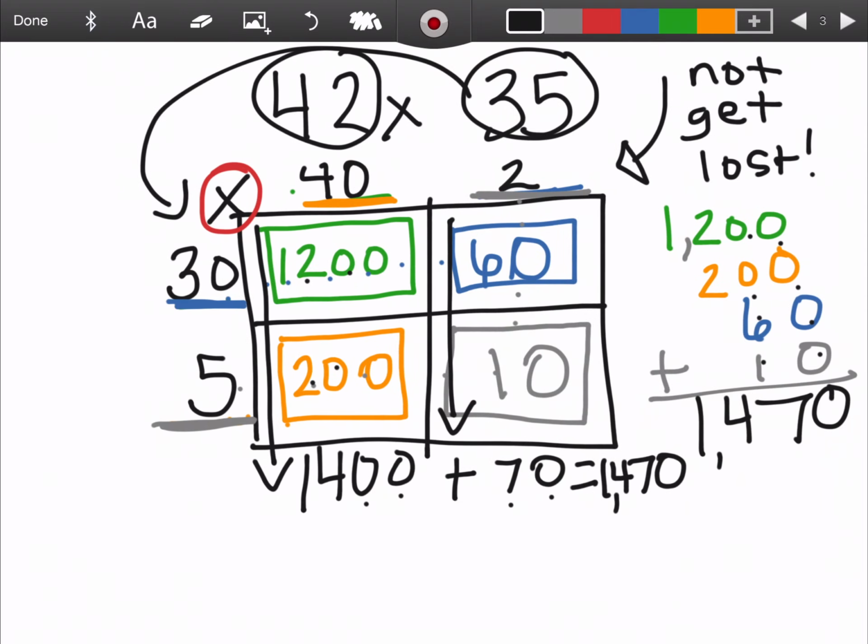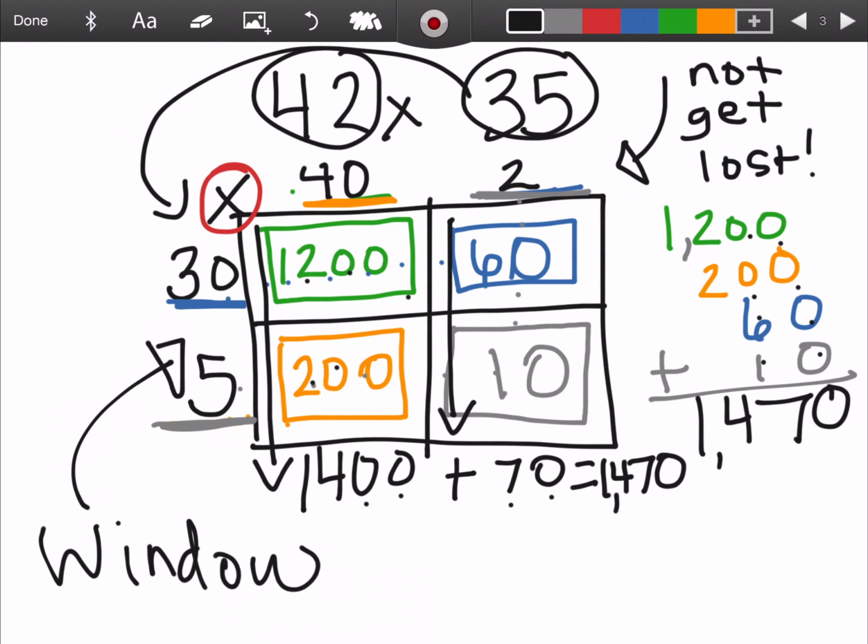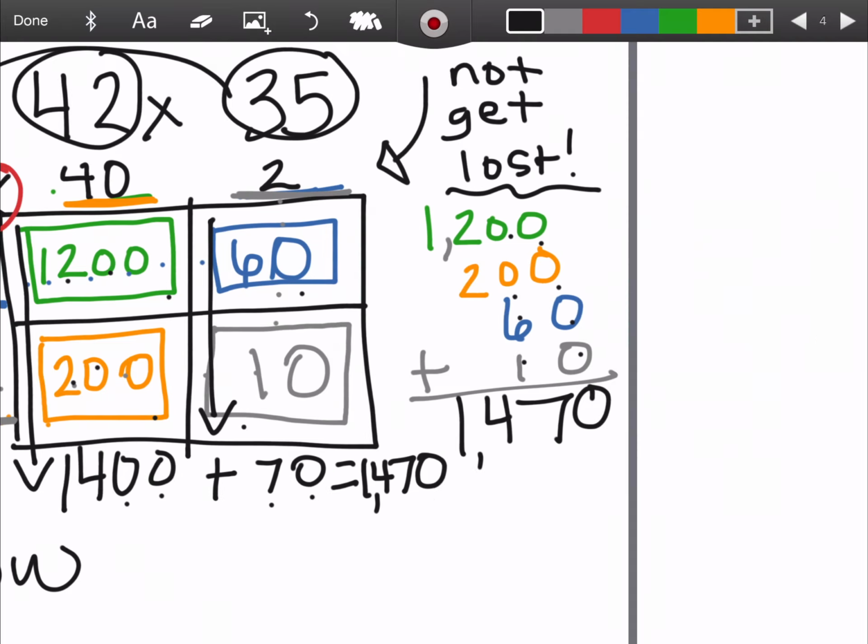This is kind of the same thing, but I like to call it the window method, because this kind of looks like a window, and then it helps you to keep it straight, and maybe you won't get as lost. The last way is our standard algorithm way.